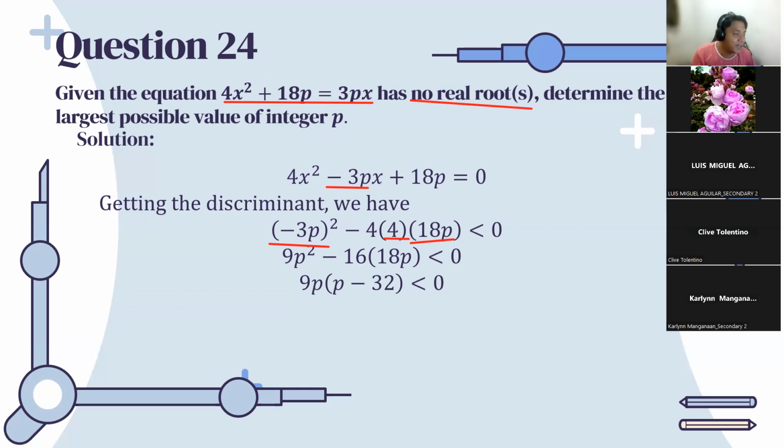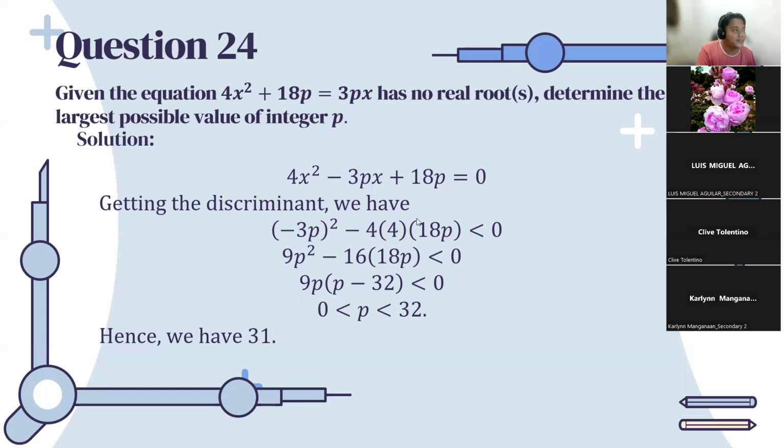And then we factor out 9p, leaving us p minus 32, which is less than 0. So we have the value for p, which is greater than 0 but less than 32. So what is the largest possible value of integer p? That is 31. So that is number 24.